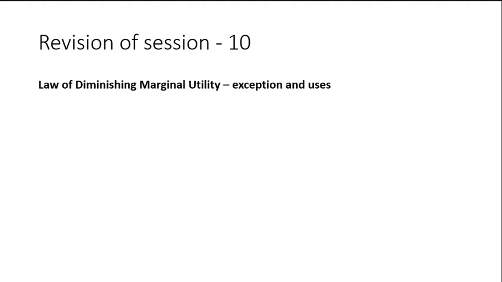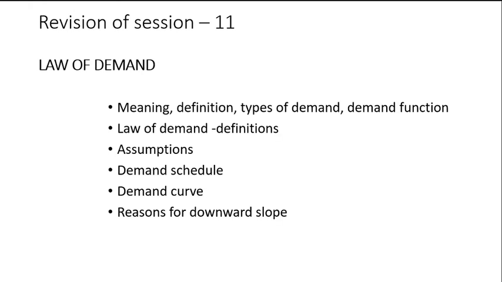So these are the exceptions and uses of the law. The next one is the 11th session, where we studied the law of demand. In that session, we studied the meaning, definition, and types of demand and the demand function.